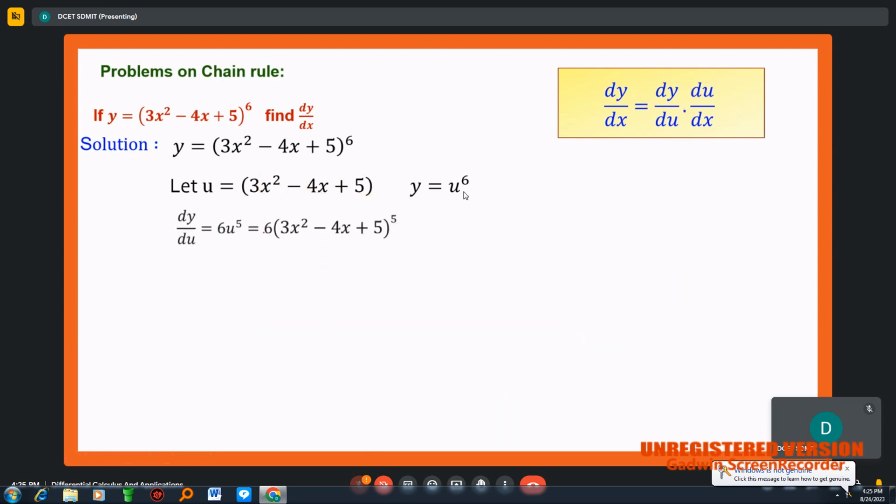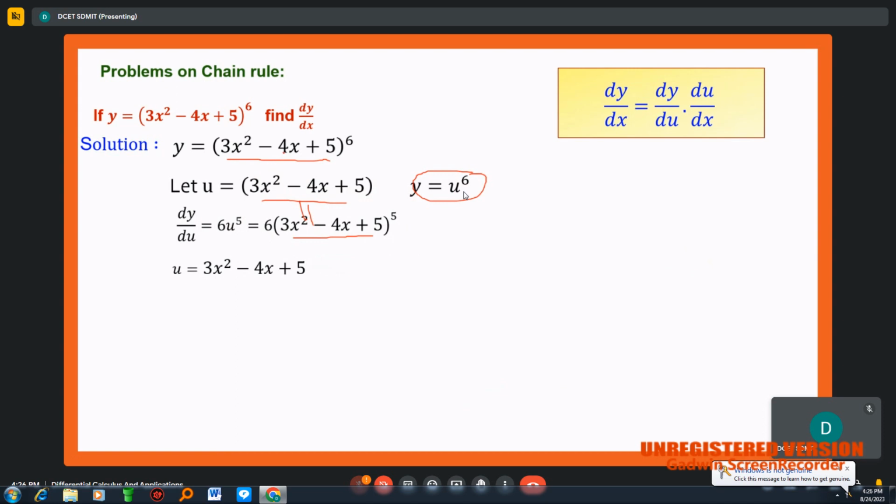See here. We considered u is equal to 3x² − 4x + 5. Therefore y is equal to u to the power of 6. Differentiating with respect to u, that is 6 into u to the power of 5, where u is this one.